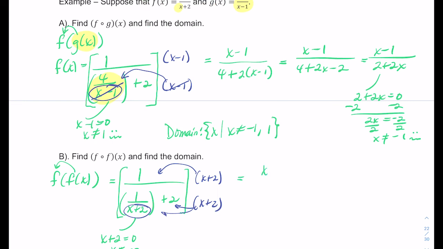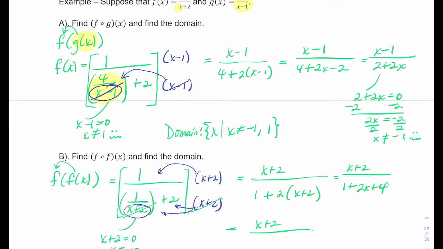So 1 times x plus 2 is x plus 2. And when I multiply the denominator by x plus 2, these will cancel, and I'm left with 1 plus 2 times x plus 2. And then again, you're going to go through and distribute the 2, and combine like terms.